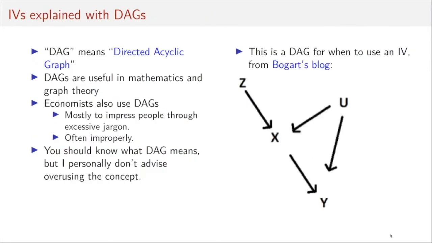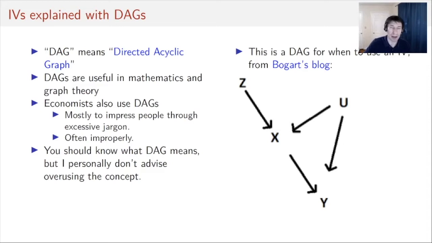Okay, let's use some graphs to explain IV and the exclusion restriction. So here we're going to use something that people recently have started calling DAGs, or directed acyclic graphs. DAGs are actually very useful in mathematics, they're useful in graph theory.